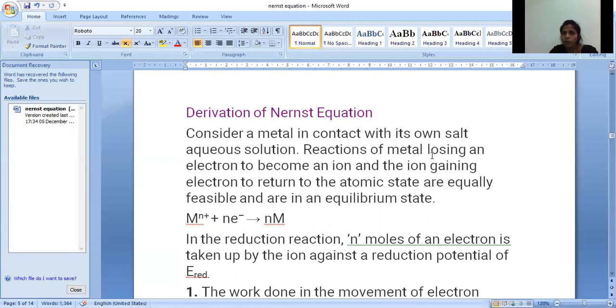When the metal is losing electrons, the metal gets a charge, that is, the metal converts to an ion. But when the ion gains the electrons, we will get the neutral atom. But always the oxidation and reduction are feasible and are in the equilibrium state.